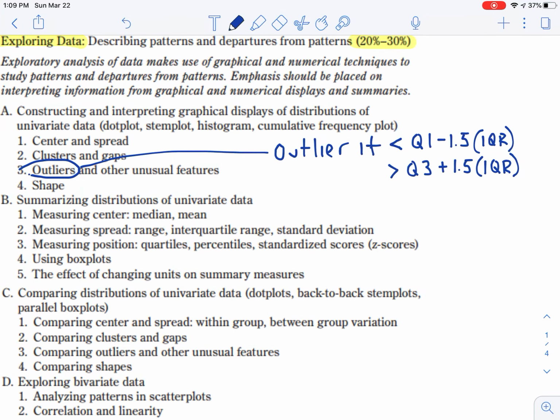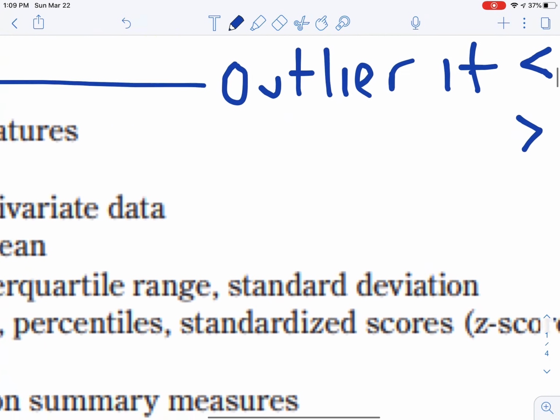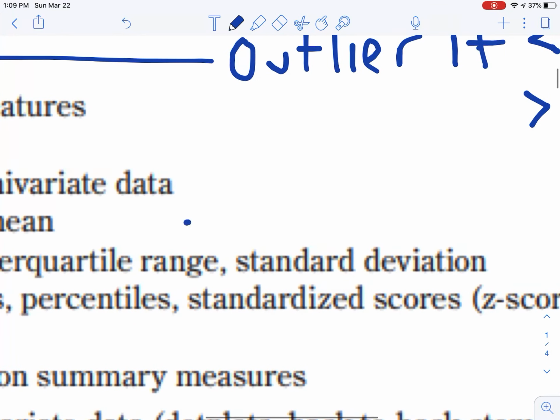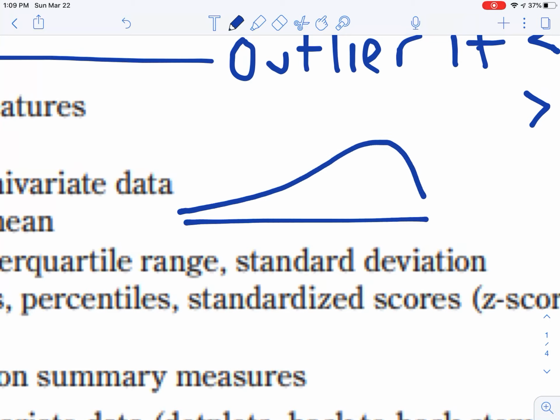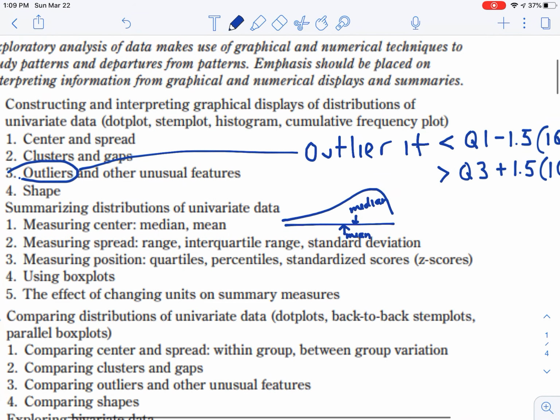Of course, you should remember that when you have skewed data, the mean will always be slightly more towards the tail than the median. Okay, so this is skewed to the left, so the mean is less than the median.